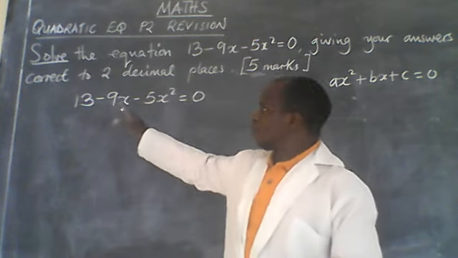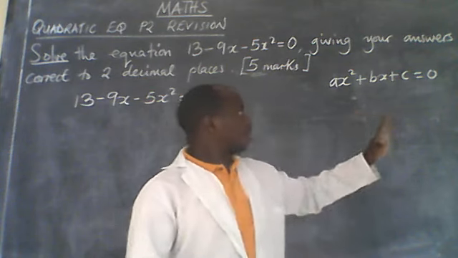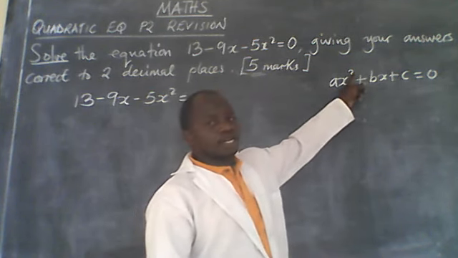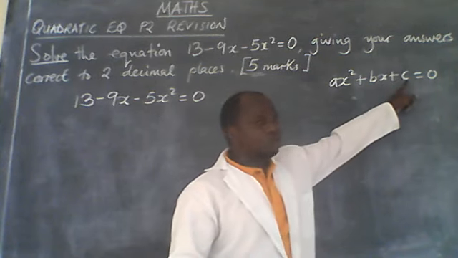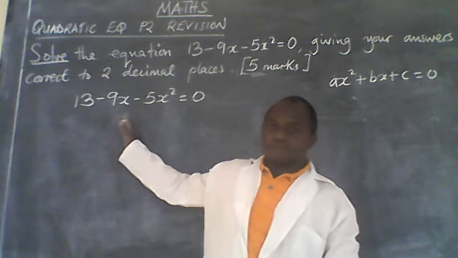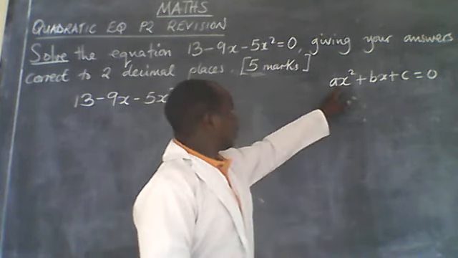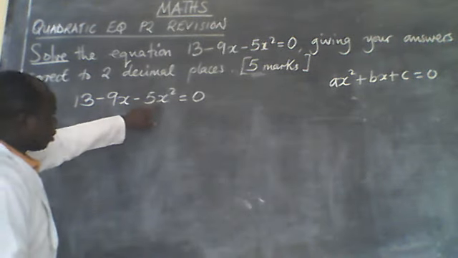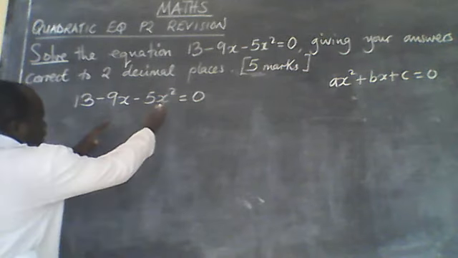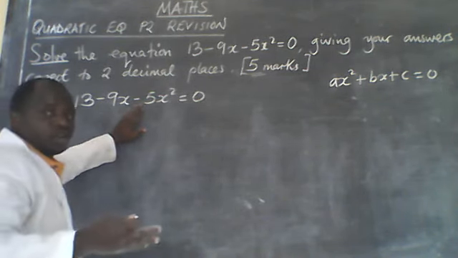What we have here, is it in standard form? What I mean by standard is it should start with x squared, then x, then the constant equated to 0. Is it what we have here? No. So we have to do some work first. I have to start with the one that has got x squared. Since they are on the same side here, there will be no change of signs.